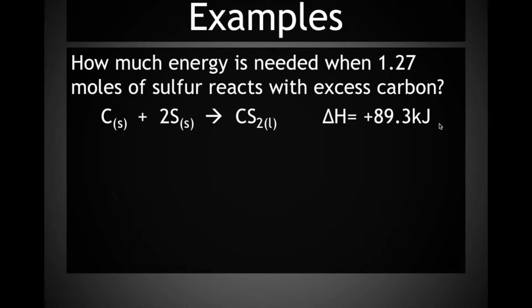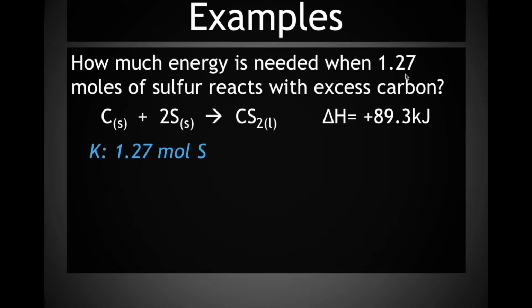And for the heat of the reaction, it actually got colder. It's endothermic. The positive sign indicates that it's actually in the reactants. So the question says how much energy is needed. That's our unknown, when 1.27 moles of sulfur reacts with excess carbon.